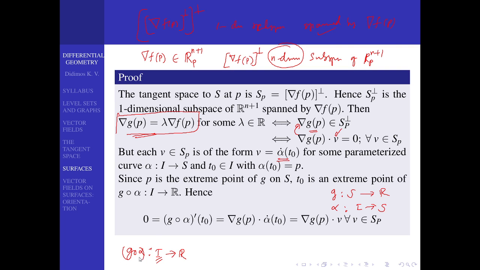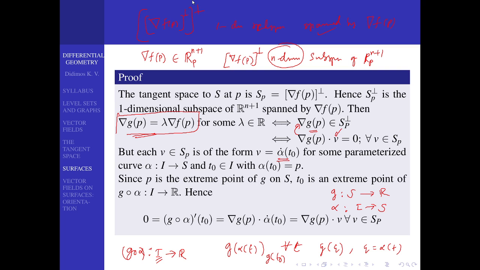So if P is the extreme point, once you consider G of alpha of t for all t, we get G of Q such that Q is equal to some alpha of t. We know that G of Q is always less than or equal to G of P. Here we have t naught, so G of alpha of t naught is also an element of this domain.